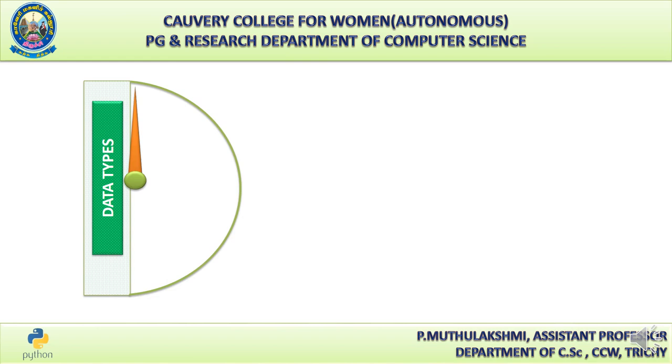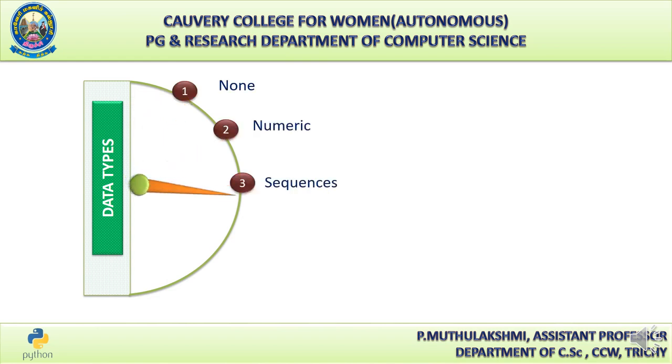A data type represents the type of data stored in a variable or memory. Python has 5 different types of built-in data types. They are none data type, numeric data type, sequence data type, sets data type, mappings.